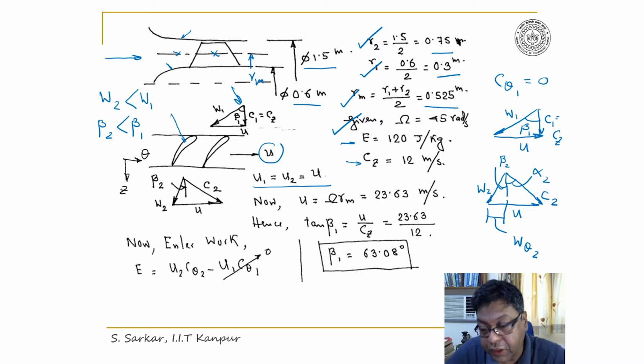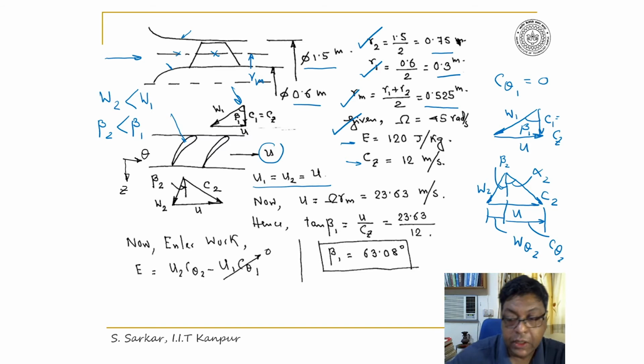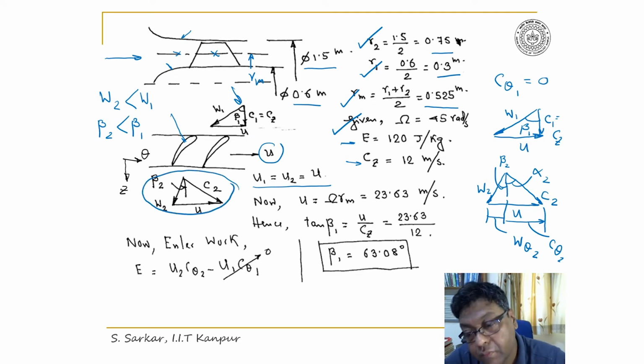The component of C2 in the tangential direction would be equal to C theta 2. So I trust you have appreciated the velocity triangle at exit which I have drawn over here. Now, the rest are very simple.